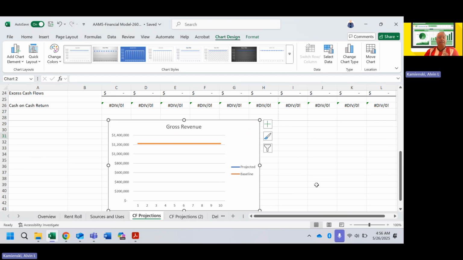I've just got one line because my projected and my baseline are the exact same. That's all right. We'll get you there in a second. I'll show you the magic because here's where it's fun.